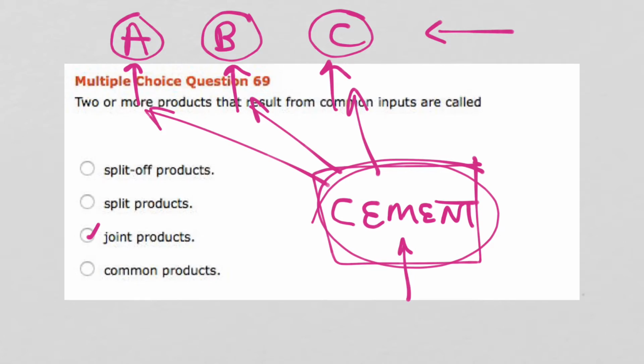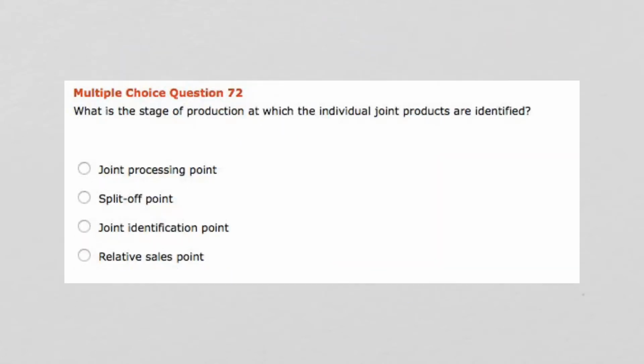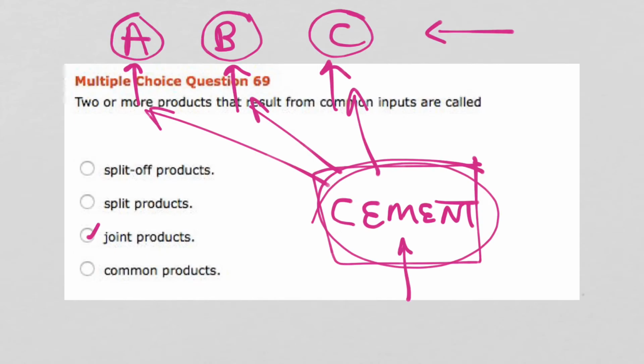Keep this diagram in mind for the next question, which is at what stage of the production are individual joint products identified? What do we call that? And again, it's a definition from the chapter. Look how the diagram looks.